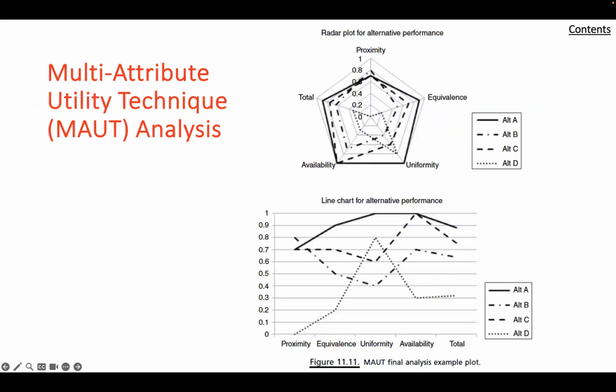As we progress through the MAUT steps and perform the analysis, a winner emerges, with the following visualizations of the alternatives using a radar plot and linear chart. So we have two ways of showing the performance within the different criteria.